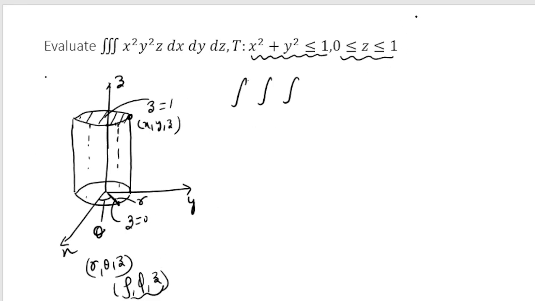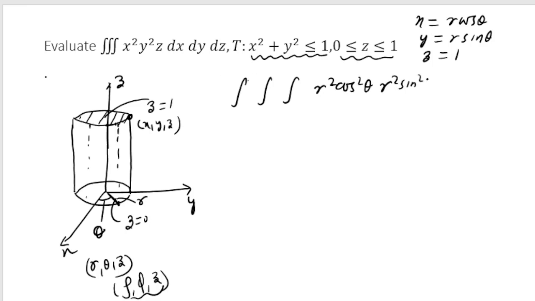So I take x is equal to r cos theta, y is equal to r sin theta, and z is equal to z, not z is equal to 1. So x square will be r square cos square theta, y square will be r square sin square theta.